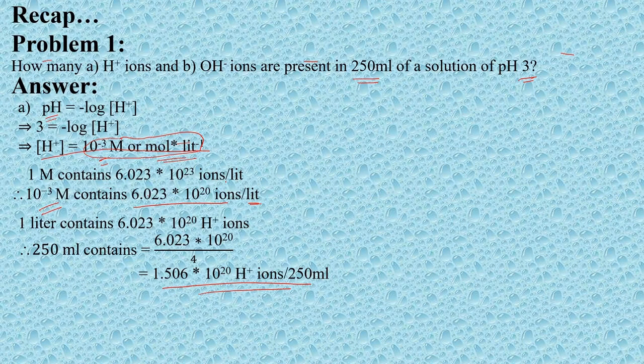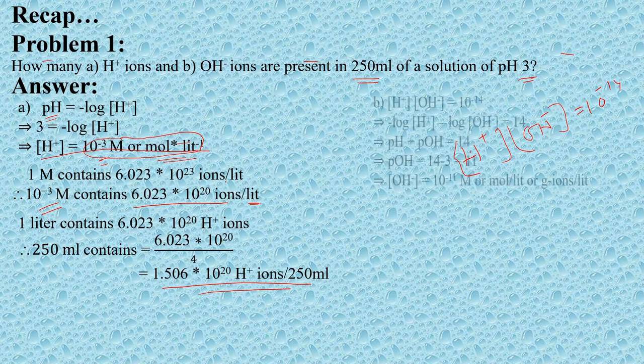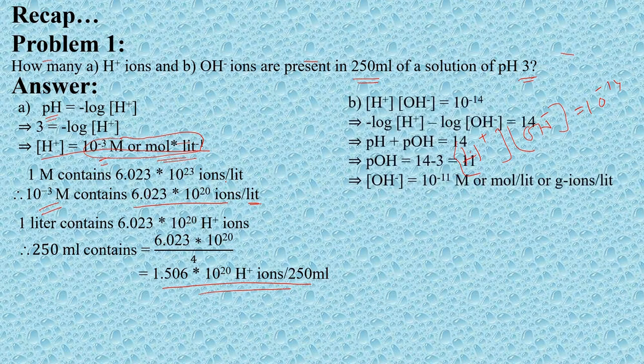For identification of OH minus ion, we just use this formula: H plus concentration into OH minus concentration is equal to 10 to the power minus 14. From here we first identify the OH minus ion concentration, and the rest will be the same.